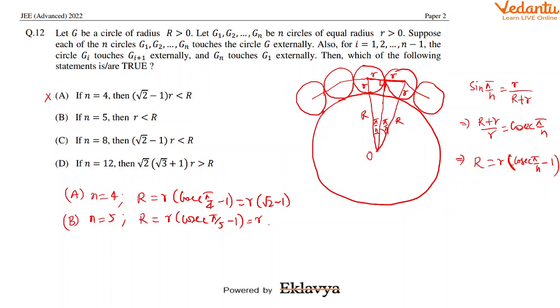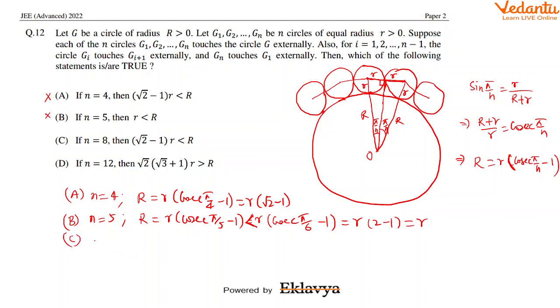Cosec is decreasing, so at 30 degrees cosec would be higher. So cosec pi by 6 minus 1 gives r. Here in this case we are getting capital R less than small r, but the option says small r is less than capital R. So this option is also not correct.